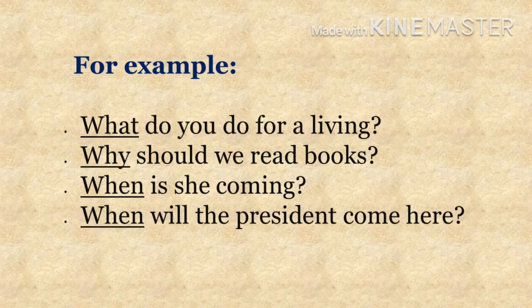When is he coming? Next example, when will the president come here? So those are examples of a WH question with auxiliary. We can simply say that in a WH question with auxiliary, the answer of that question would be the verb to the rest of the sentence, not the subject.